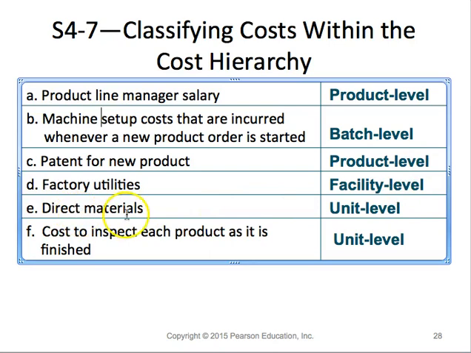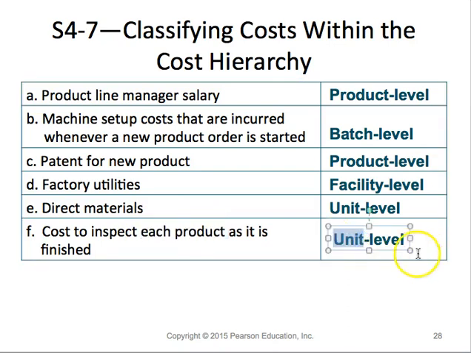And direct materials, of course, is unit. Direct materials for each part, how much it costs, so it's easy to find out. Cost to inspect each product as it's finished is for each product, so it's unit level.